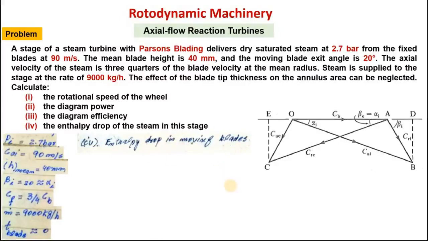And for the moving blades, how can we calculate the enthalpy drop? So here is the nozzle or fixed blades or stator. Next is the moving blade. Here you can see I'm showing it in increasing height, because in case of reaction turbine, pressure is dropping.